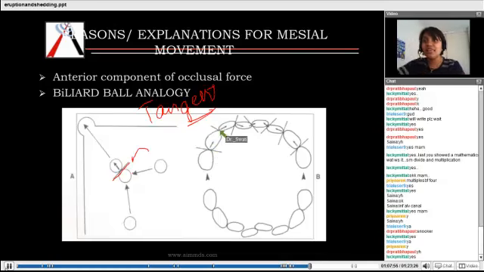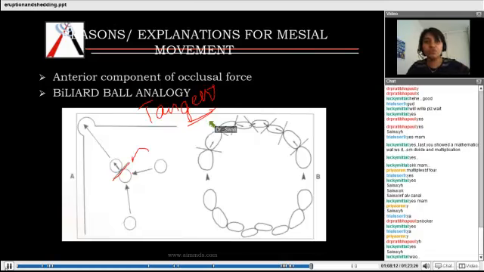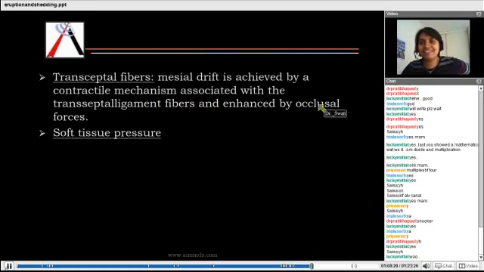That is the reason any force acting on the tooth is converted to a mesially directed force, because that mesial direction is perpendicular to the tangent created at the contact point. That is the reason occlusal force is transferred into an anterior component. Isn't it an amazing thing? That's the billiard ball analogy.